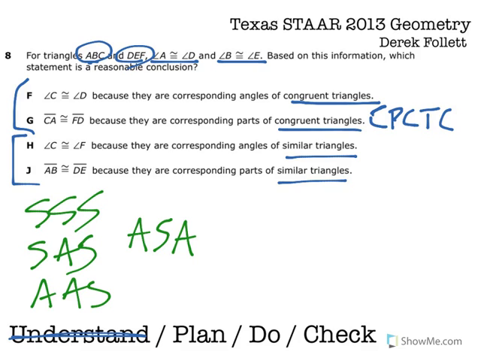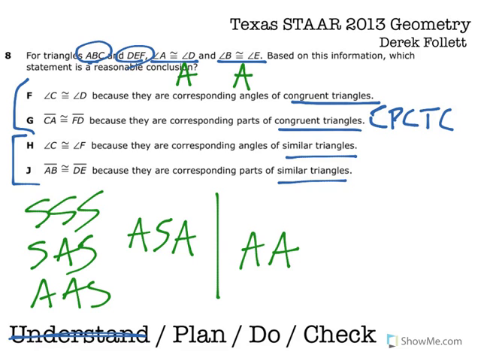Similarity postulates. There's a couple of different ones, but the one that I remember is angle, angle. And that's exactly what I have, an angle and an angle.